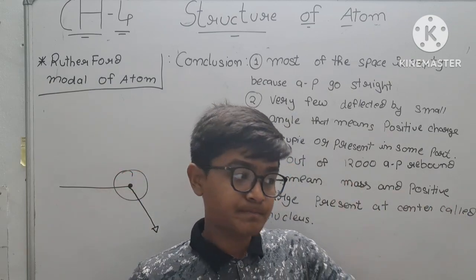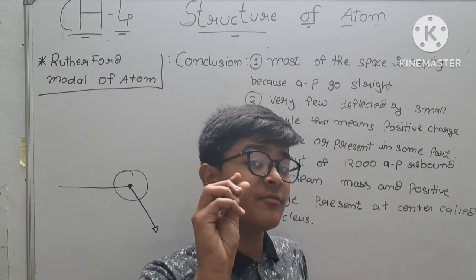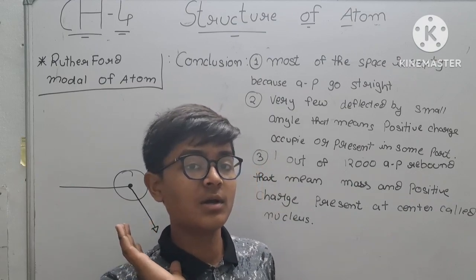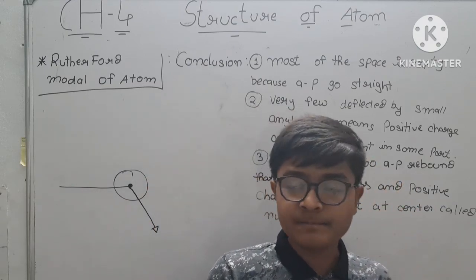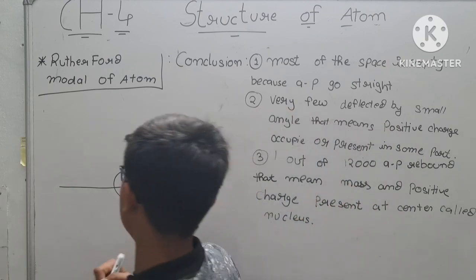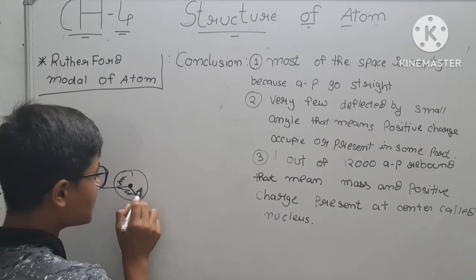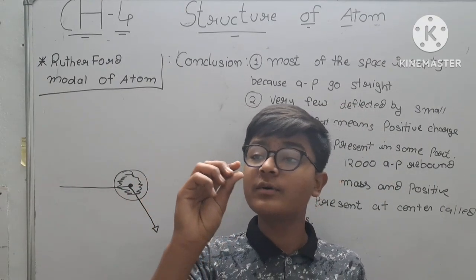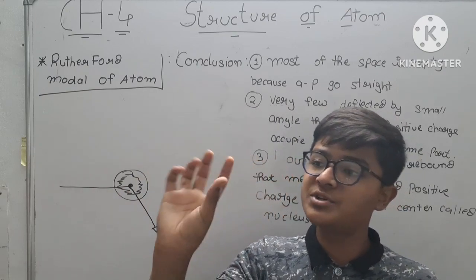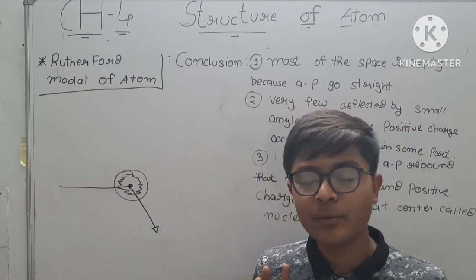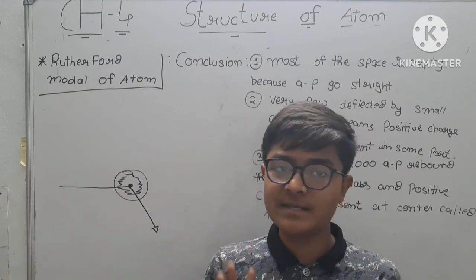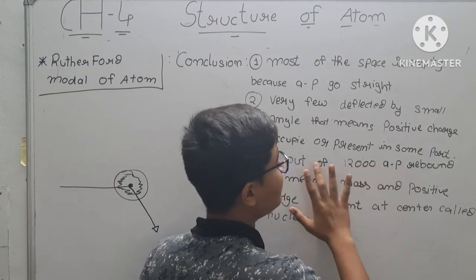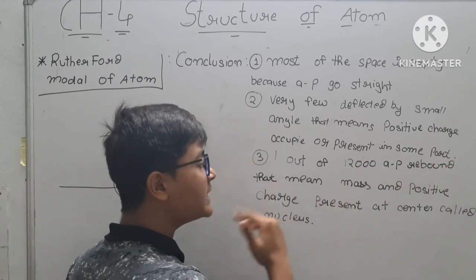But the experiment shows that in the atom only a very small space is occupied by the positive charge, and the other area is empty. Only in some part of the atom is the positively charged particle called proton present. Then the third statement: 1 out of 12,000 alpha particles completely rebound.